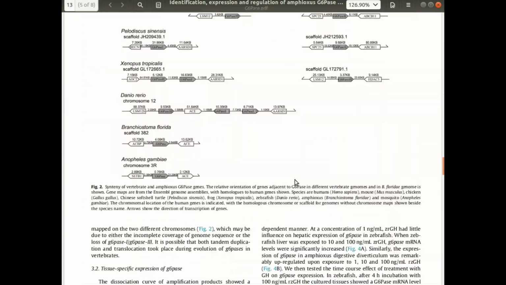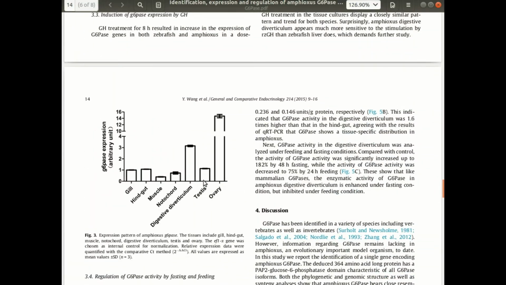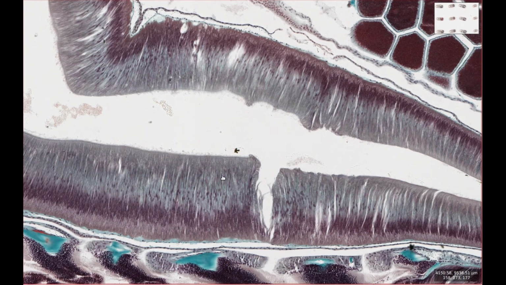And if we just scroll down to their main figure here, this is gene expression, and they looked at various different tissues. Very high expression in the ovary for some reason, probably because it has a very high metabolic demand, but also in what they call the digestive diverticulum, which I've called the hepatic diverticulum, where it's higher than even any other gastrointestinal organ. So we've got pretty good evidence that this is the ancient precursor for our liver.